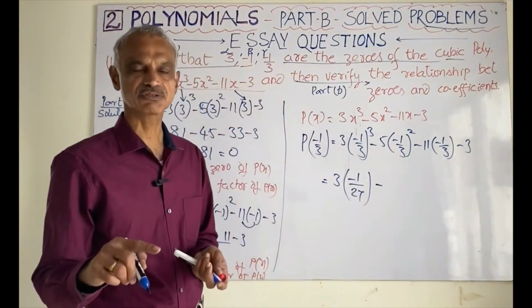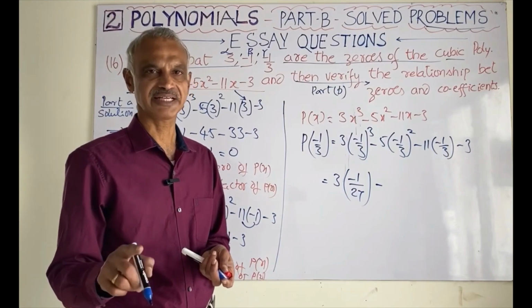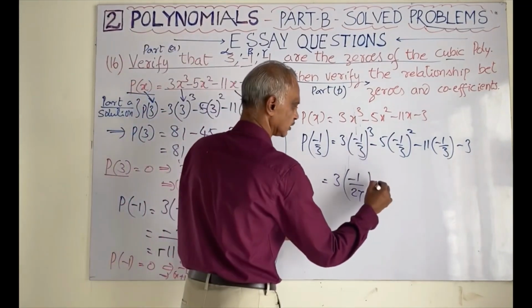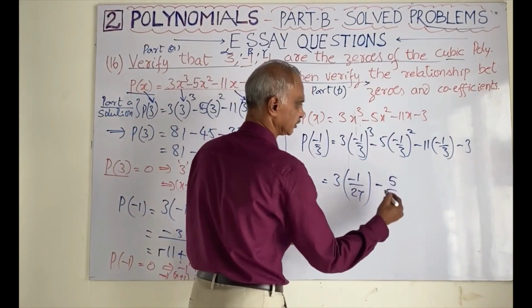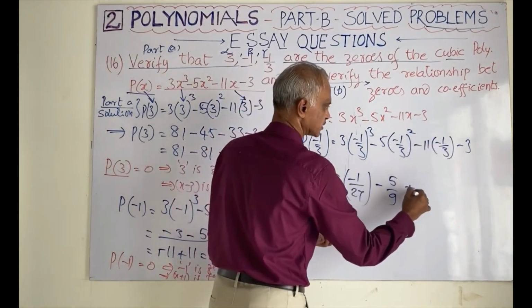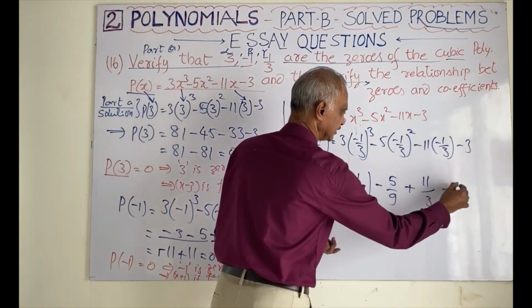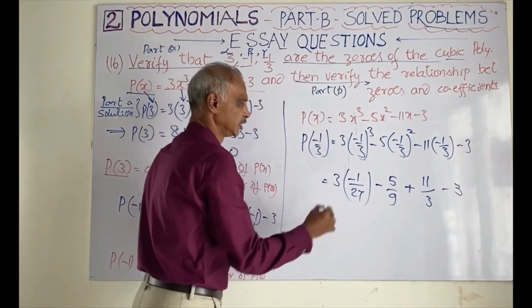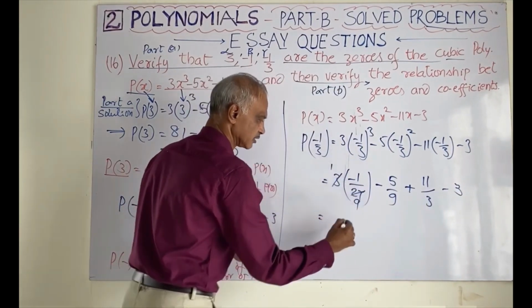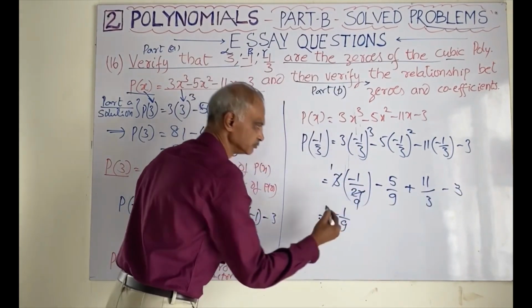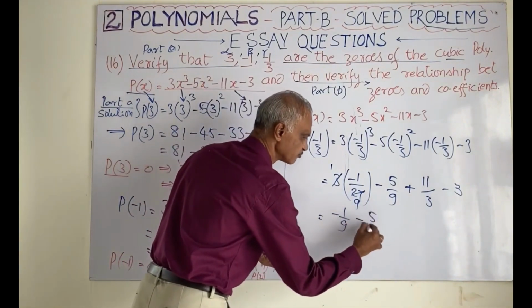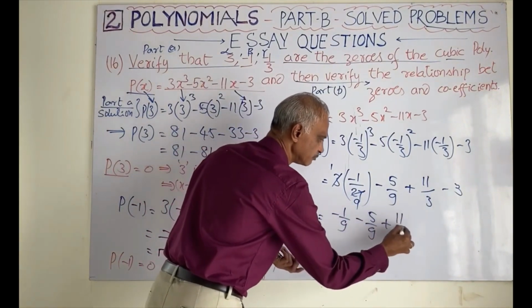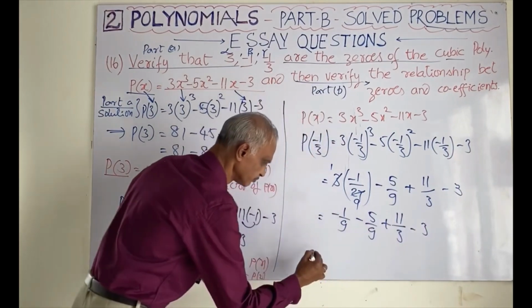Minus 1 by 3 whole square means plus 1 by 9. 5 by 9 you are getting. Minus into minus is plus 11 by 3, minus 3. 3 ones are 3, 3 nines are 27. Minus 1 by 9 minus 5 by 9 plus 11 by 3 minus 3.